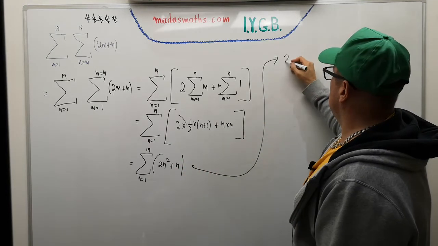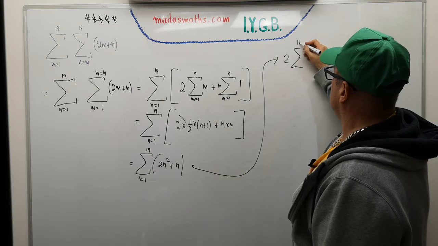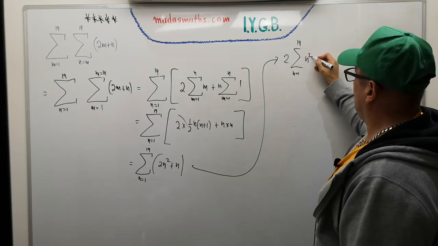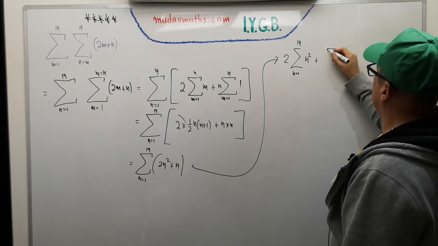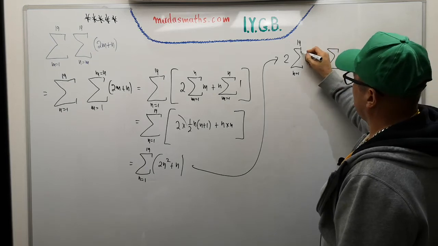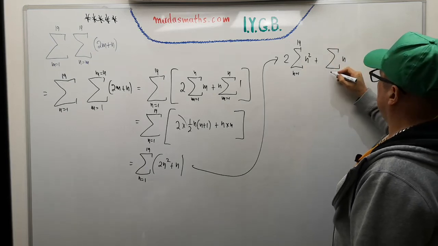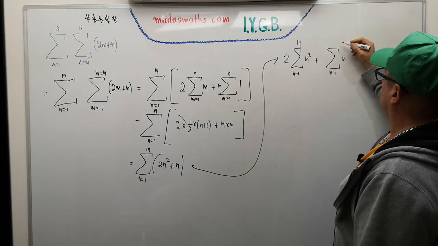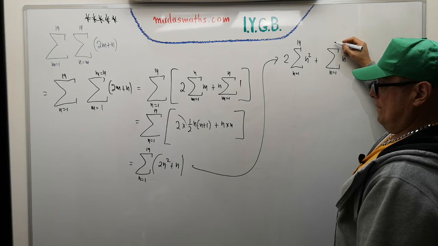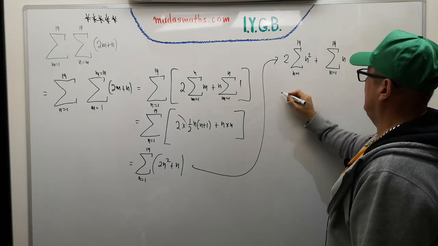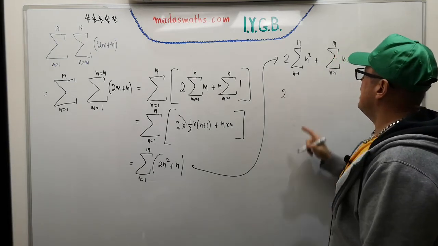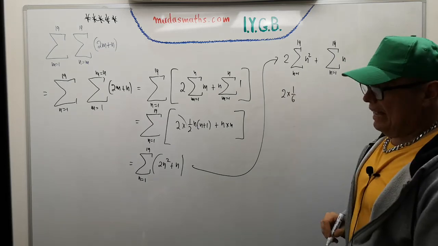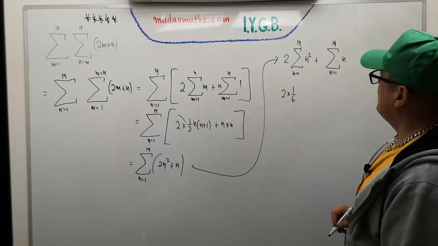This is going to be 2 lots sigma n is equal to 1 to 19 of n squared plus another sigma n is equal to 1 to 19 of n, and that's going to give me the sum of squares, I believe, 1/6 n times n plus 1 times 2n plus 1.